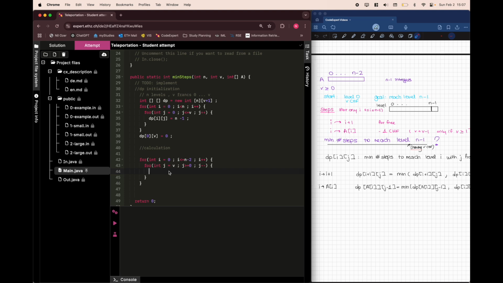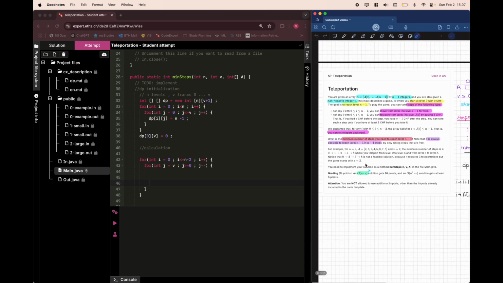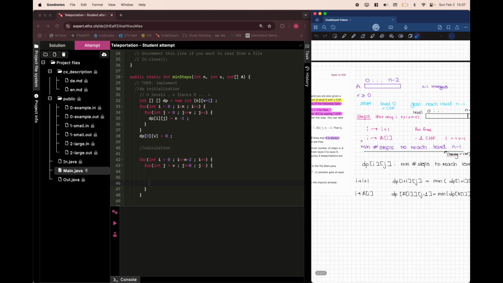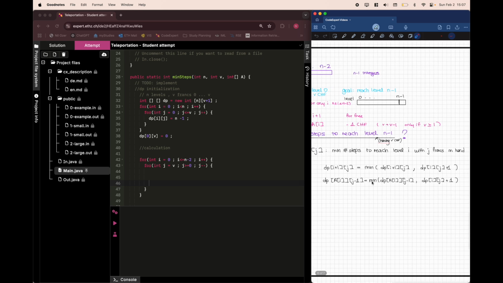Now why is i equal to n minus 2? Because we're going to calculate the DP entries like this, i plus 1, right? Or A of i, which will be bigger than i at all times, because we have this condition: you cannot teleport backward, and teleporting to the same level means nothing.